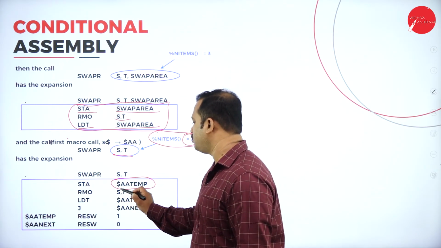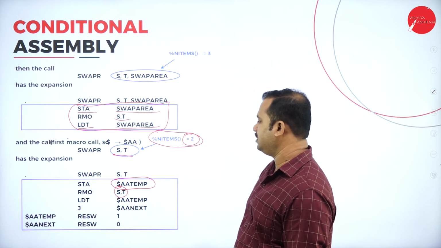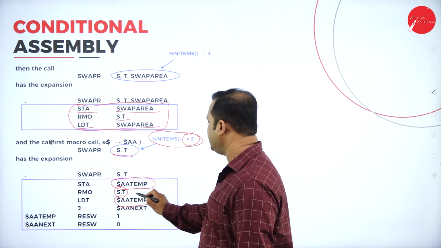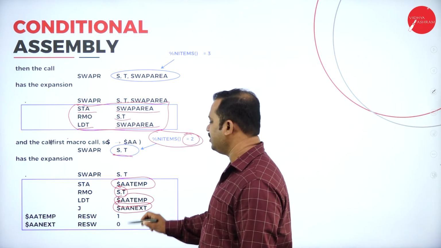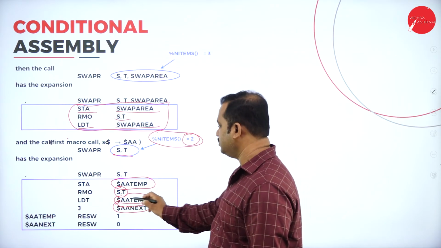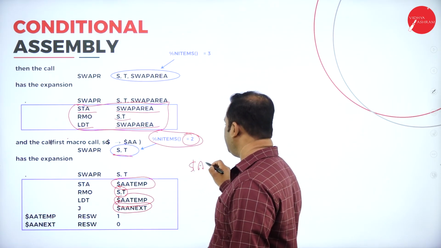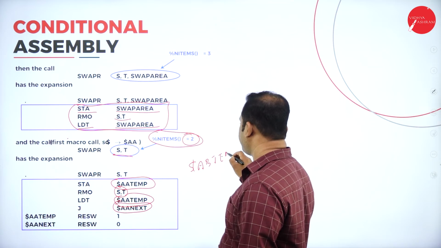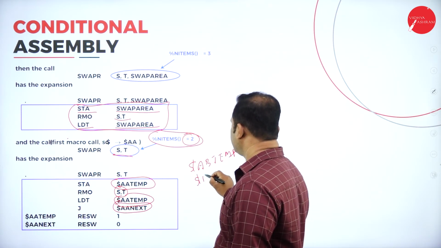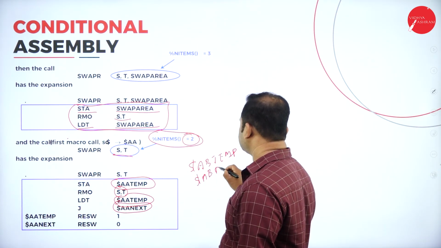So we have RMO with S, T. We have $AA temp, $AA next. If it is executed once again, this becomes $AB temp, $AB next.